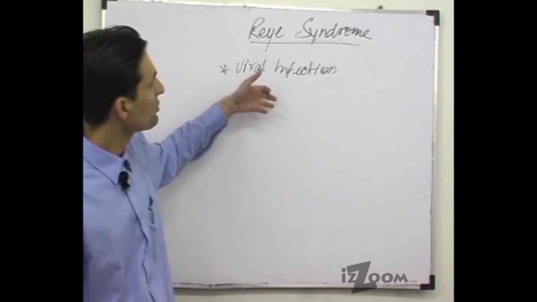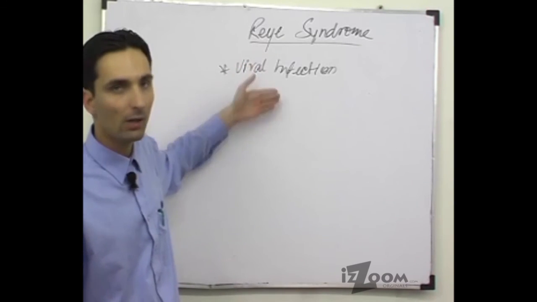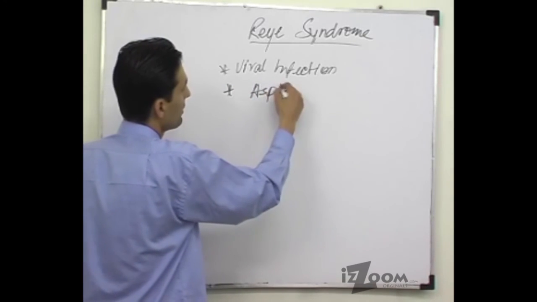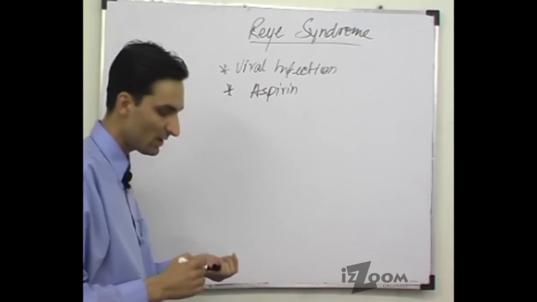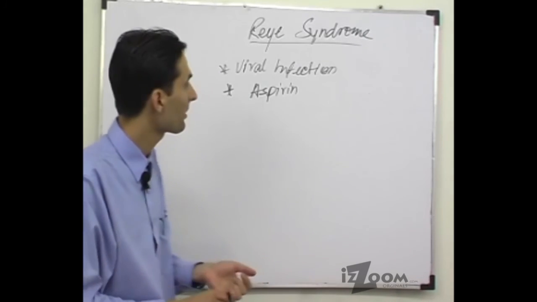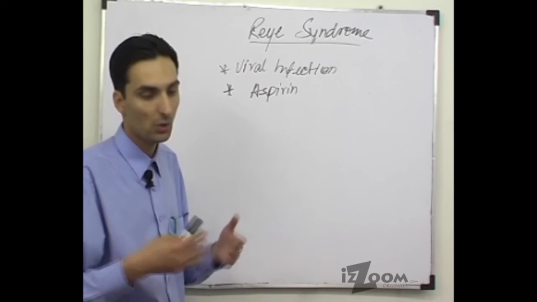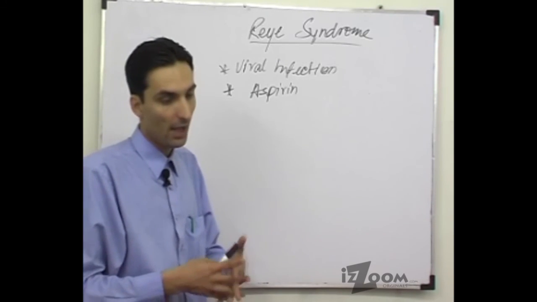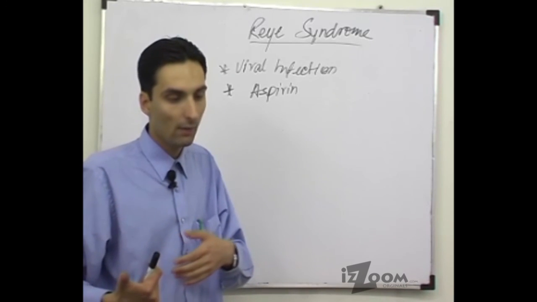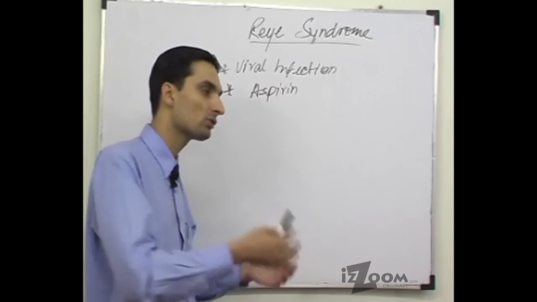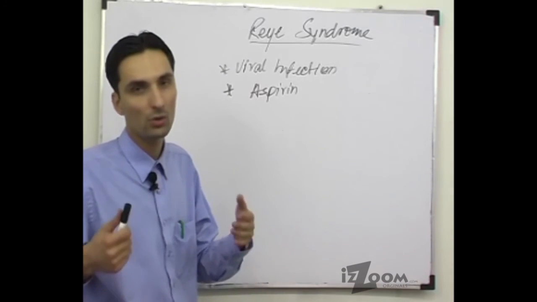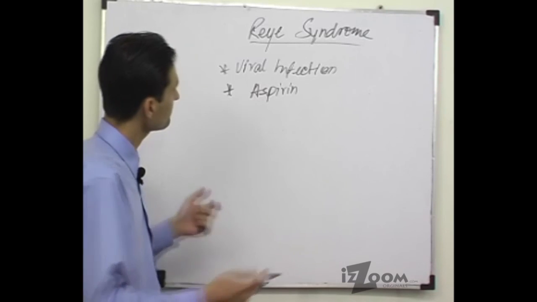The children usually present with a preceding viral infection, and their mothers usually give them aspirin for the relief of fever. After giving aspirin, these patients develop confusion, they become lethargic, they can go into a light coma with decerebrate or decorticate posture, they can go into a deep coma with decerebrate posture, they can go into flaccid paralysis.